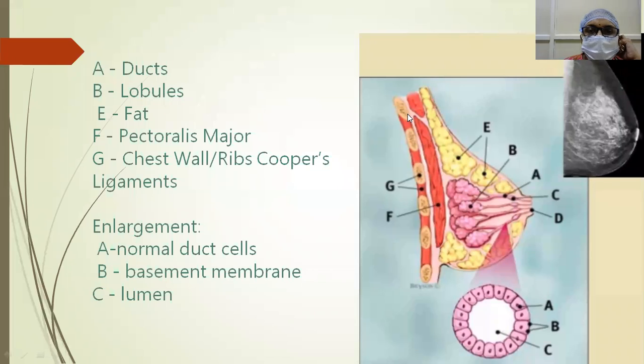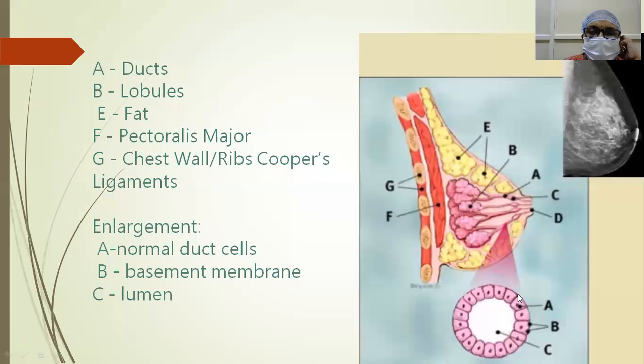So this is the chest wall, and these are cross sections of the breast. This is the pectoralis major muscle. This is the fat. These are the lobules. So you can see the duct, enlargement of the duct.